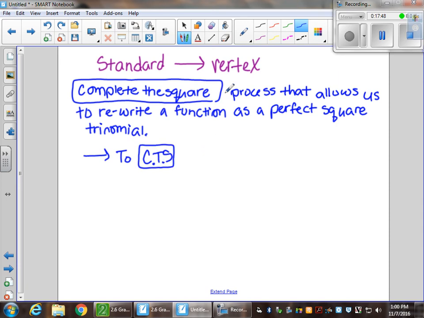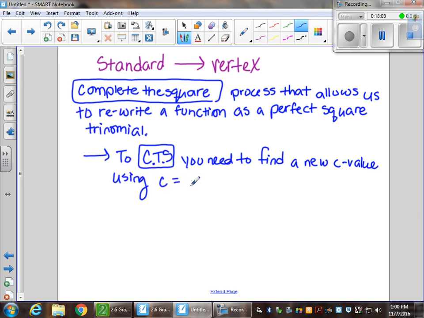To complete the square, you need to find a new C value using C equals B divided by 2 squared to obtain x squared plus bx plus that new C value. And we'll practice this.